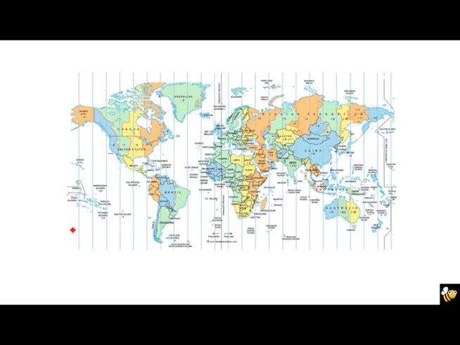So all the places which are in the east of Greenwich will always be ahead of Greenwich, and all places in the west of Greenwich will be behind Greenwich.